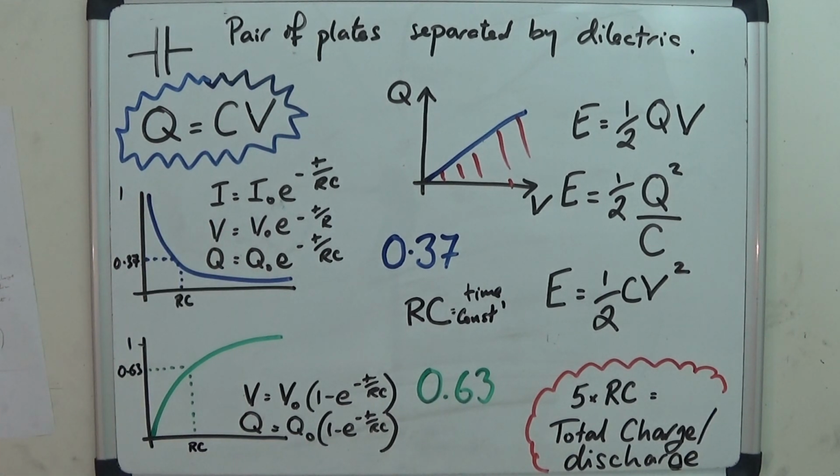But if you put e to the 5 in your calculator, for 5 times RC, you find you get way less than 1% left over, and way more than 99% when charging. So we say that 5 times RC is the time to be totally charged or totally discharged.